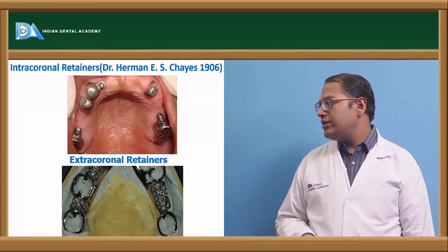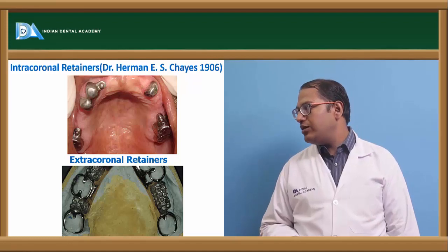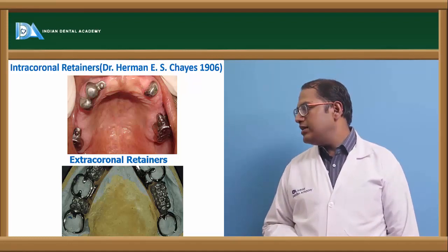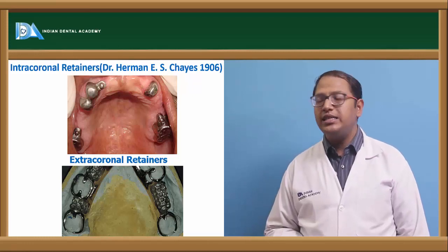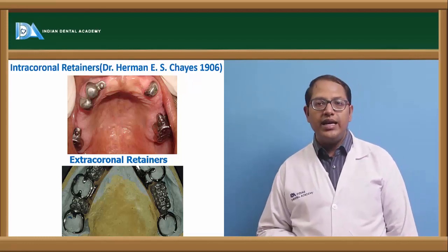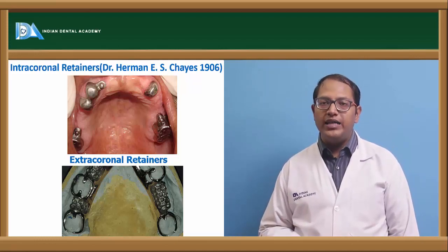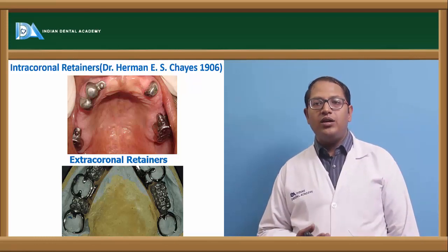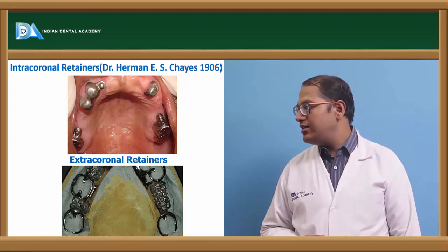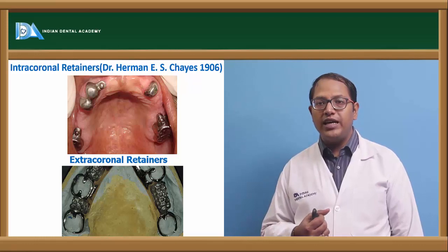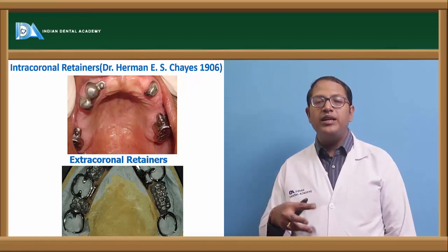Intracoronal retainers are those attached inside the crown, as introduced by Dr. Herman Chayes in 1906. It is an internal attachment provided inside the crown. Dr. Chayes said that the crown should not be so big as to accommodate another unit.